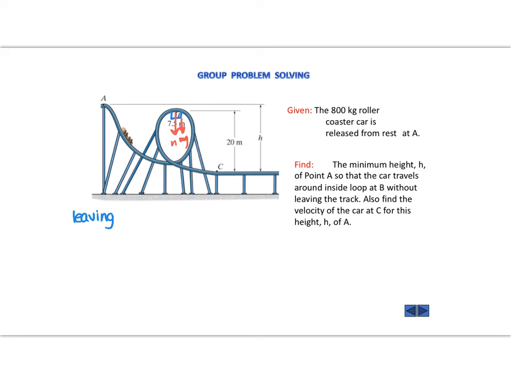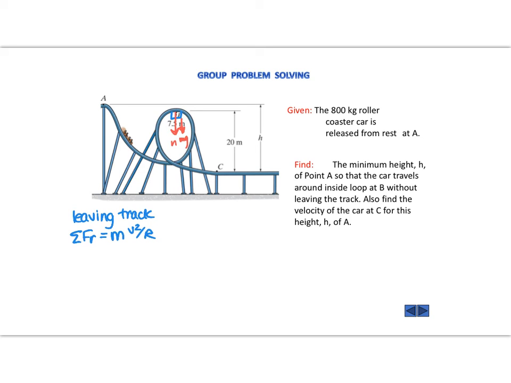You should know instinctively that if the car goes too slow as it goes around the loop, it'll literally fall out of the loop. What are the physics involved? Well, let's look at it, assuming that it doesn't fall out of the loop. We're looking at forces in the radial direction because as it goes around in a circle, it has centripetal acceleration.